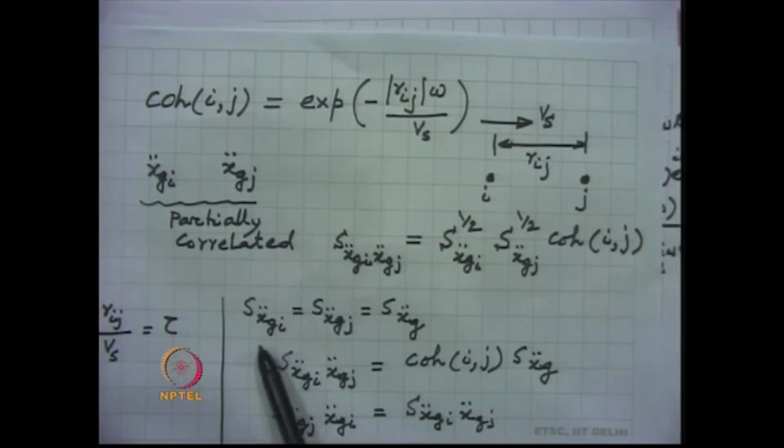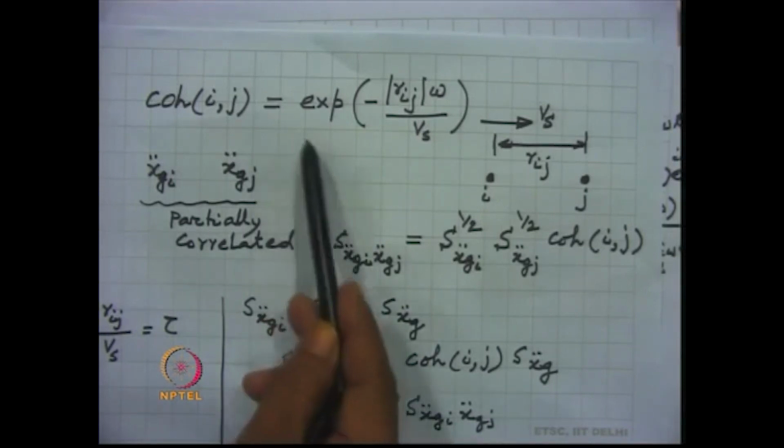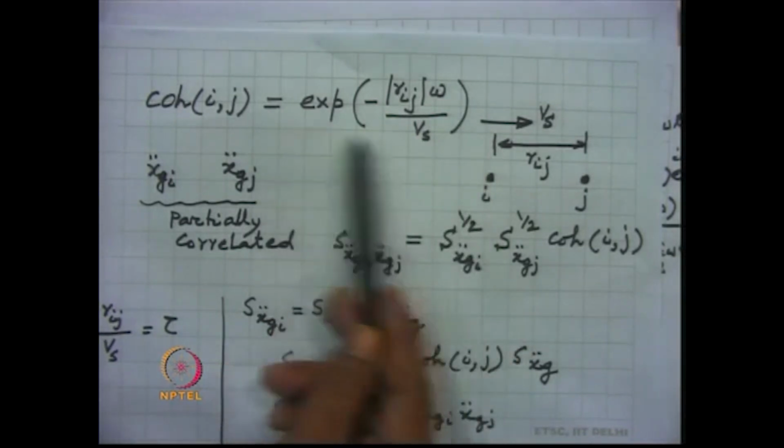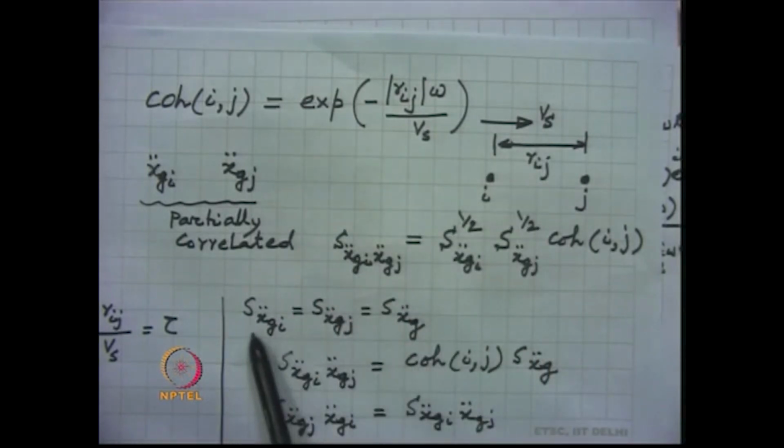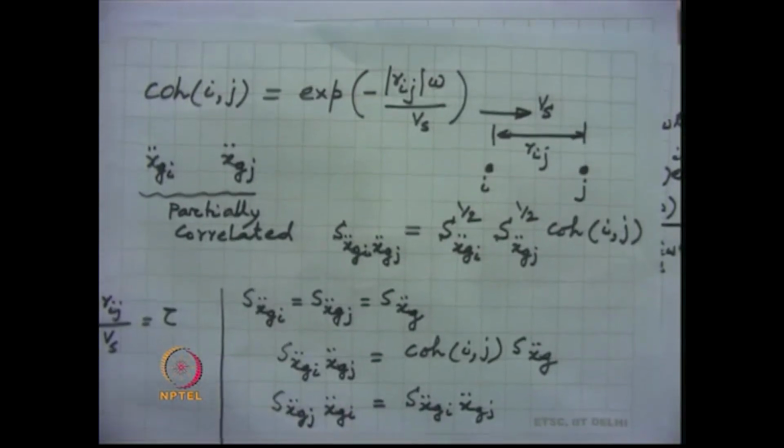In the case of a single earthquake ground motion, a train of ground motion moving with a velocity, the power spectral density function at different supports remains the same, that is equal to S x double dot g, which is specified. Only the change or the cross power spectral density function arises because of the coherence function.